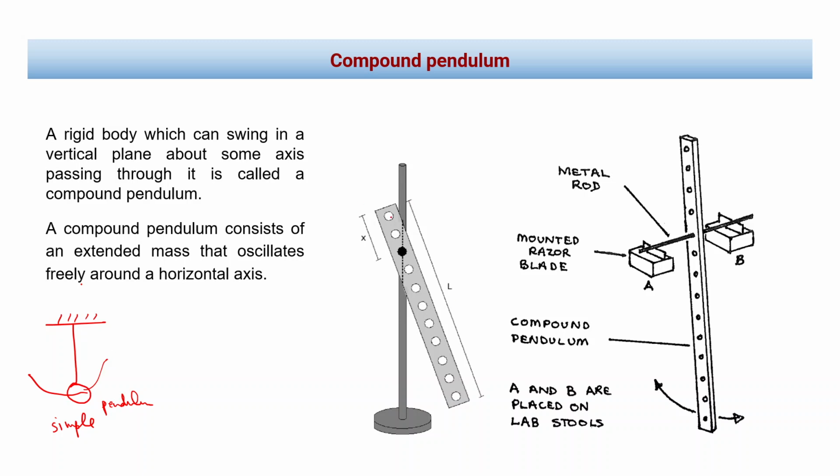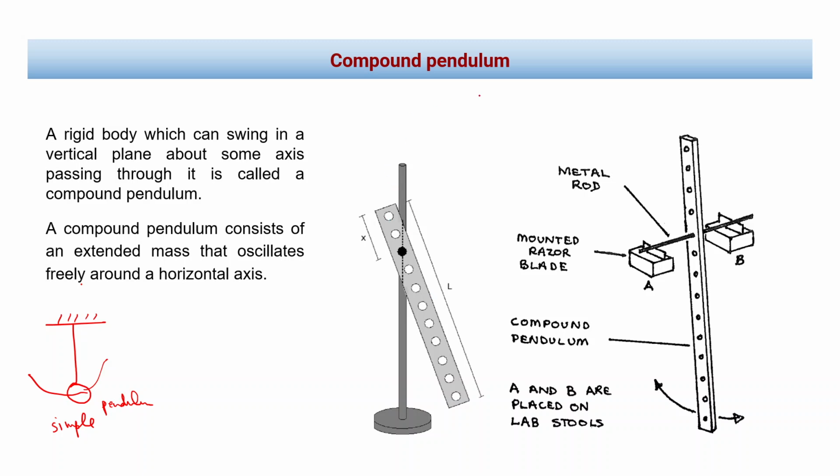But how is the compound pendulum different? A compound pendulum is a rigid body which can swing in a vertical plane about some axis passing through it. Here the mass of the pendulum is not concentrated on any one part, but is distributed throughout the body.